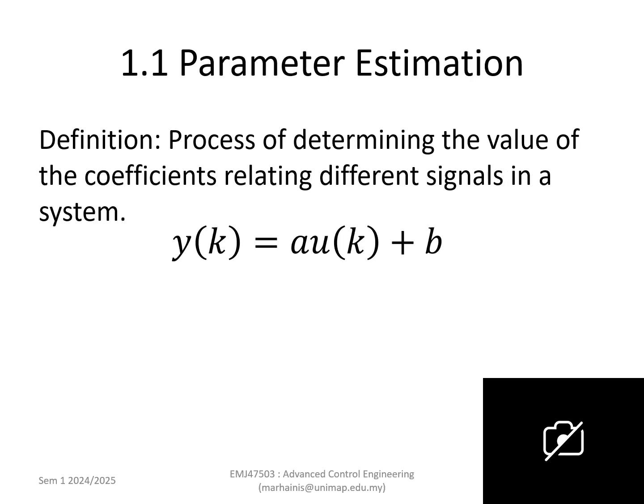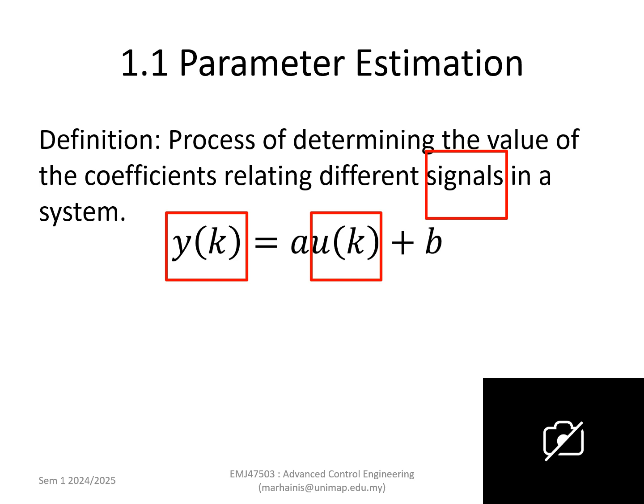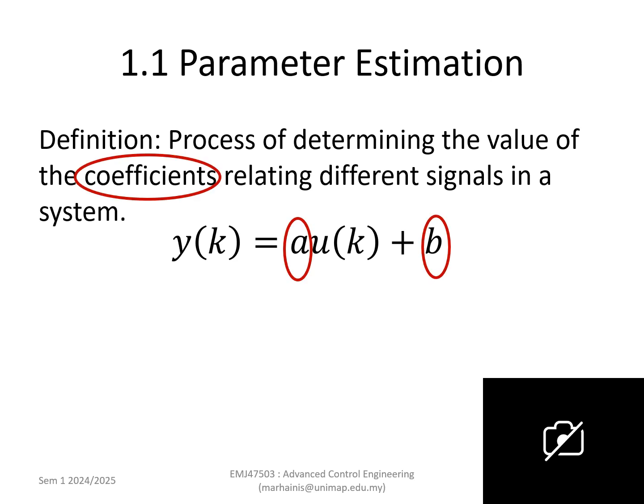Okay, the definition of parameter estimation is a process of determining the value of the coefficients relating different signals in a system, and you have to know how to differentiate between signals and coefficients. Okay, so let's say we have one equation, yk equal to a uk plus b. So signals are yk and uk, while coefficients are a and b.